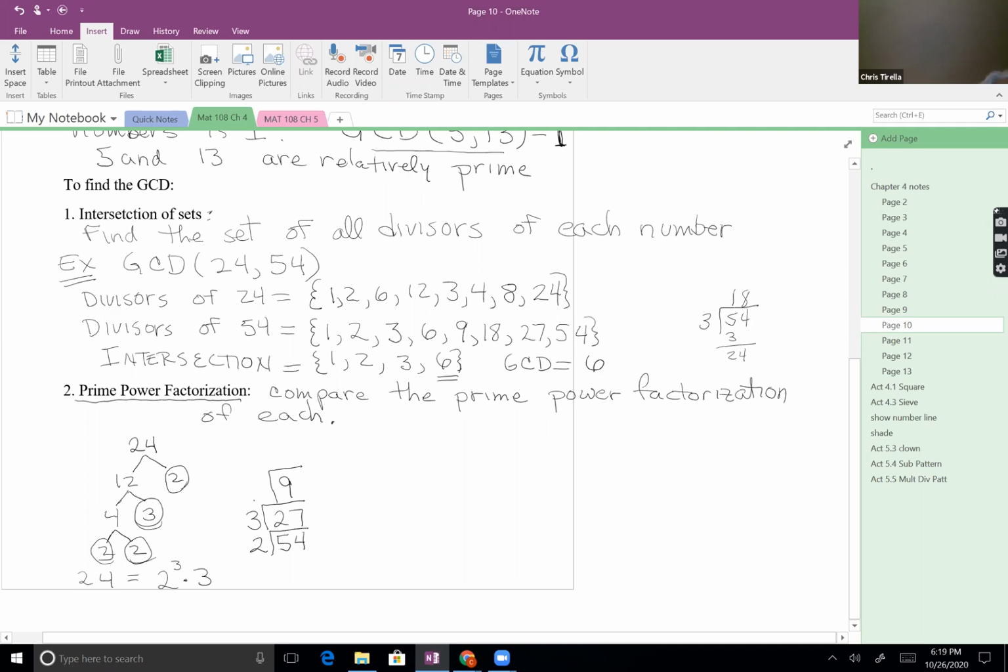We can divide it by 3 again, and we get 3. So our prime factors are 2, 3, 3, 3. So 54 is 2 to the first times 3 to the third.